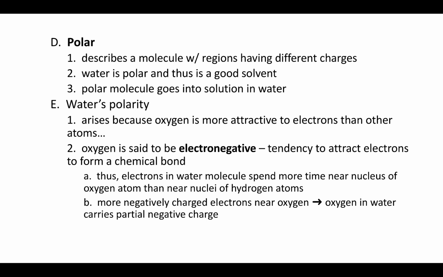So you have more negatively charged electrons near the oxygen, which means oxygen in water is going to carry a partial negative charge. In those chemical bonds, if oxygen is pulling those electrons towards itself, it's pulling that negative charge away from the hydrogen. So in that case, hydrogen is going to develop a partial positive charge.